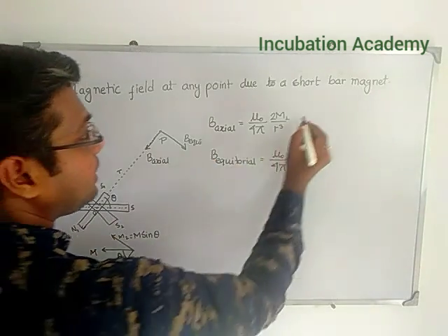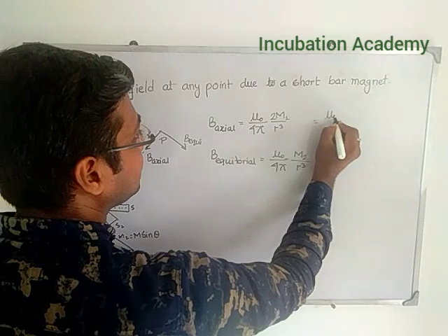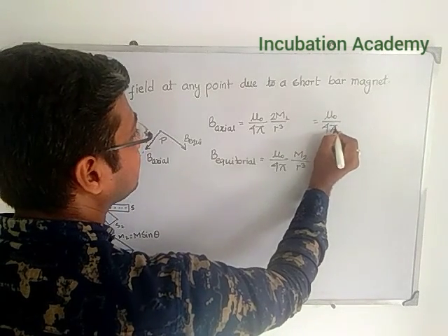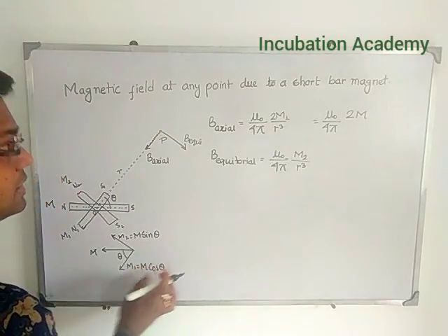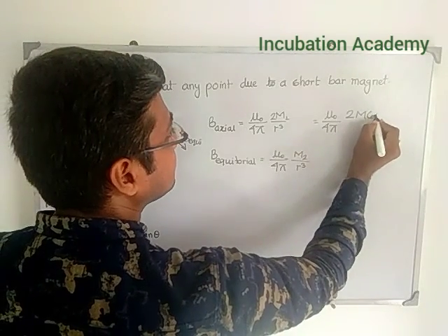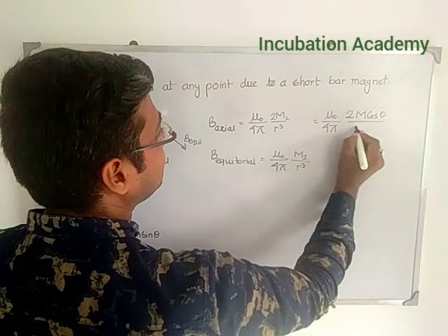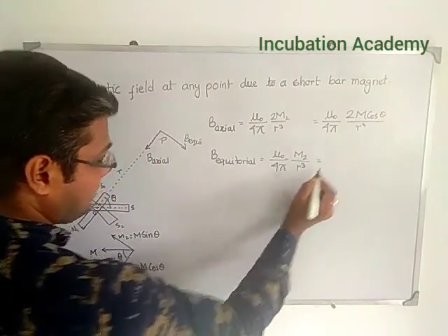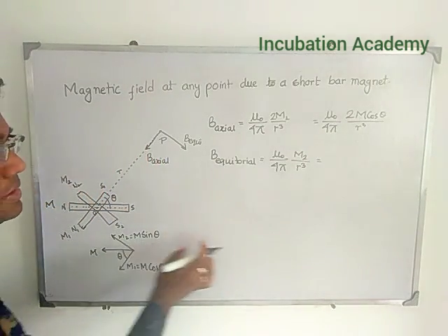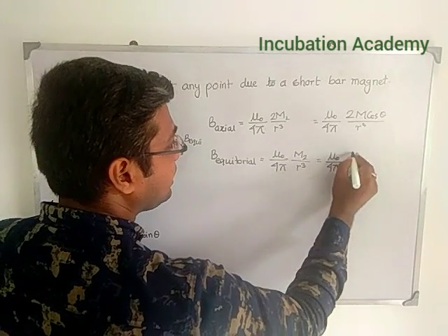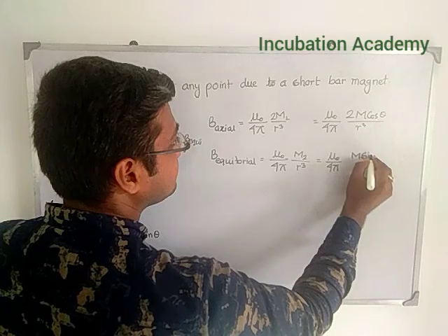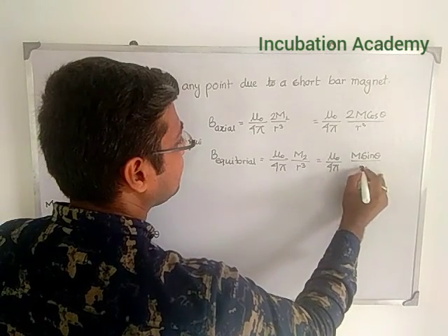Now if I put the values of m1 and m2, it becomes mu naught divided by 4 pi into 2, the value of m1 is m cos theta, divided by r cube, and the value of m2 is m sin theta. So it becomes mu naught divided by 4 pi into m sin theta divided by r cube.